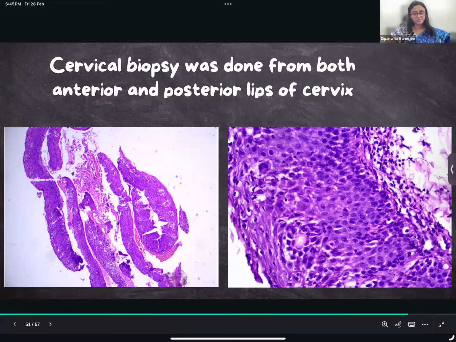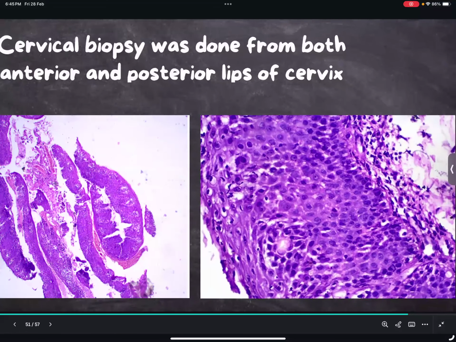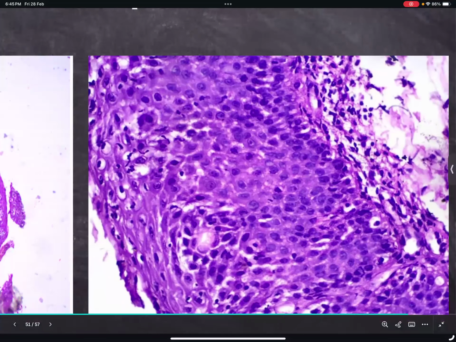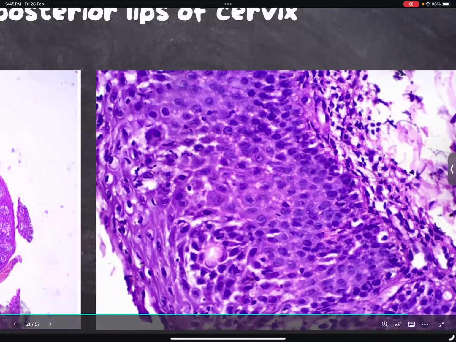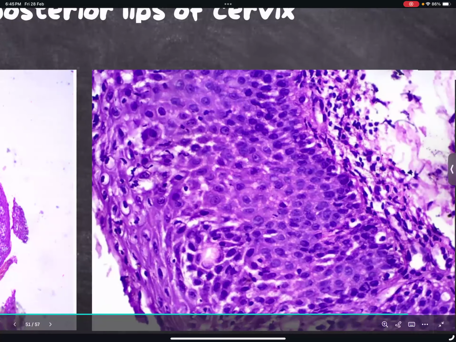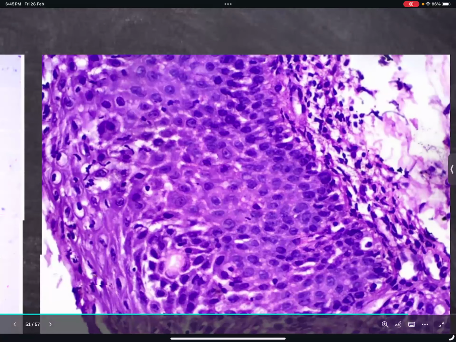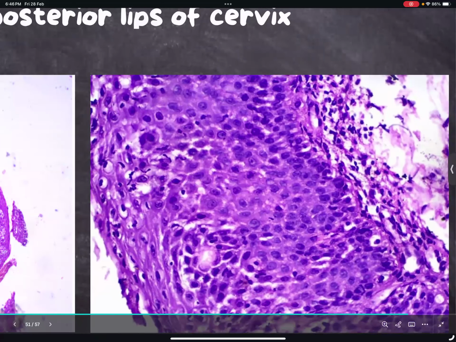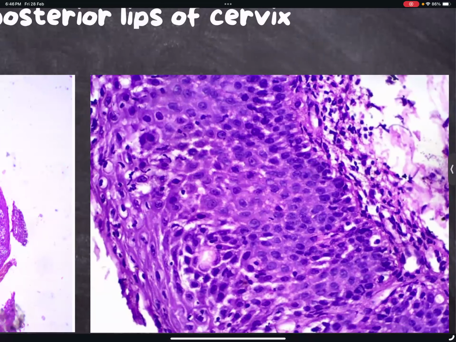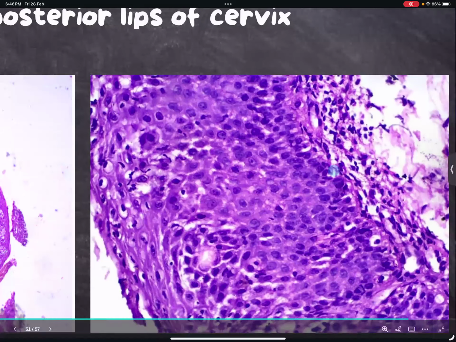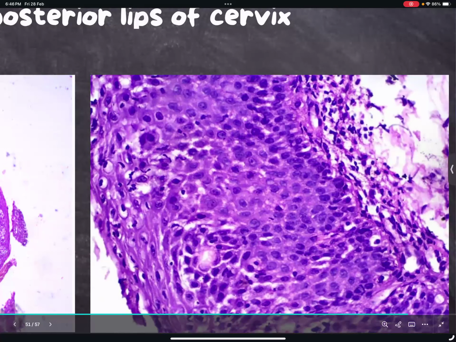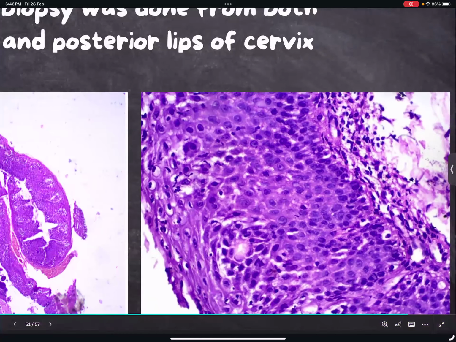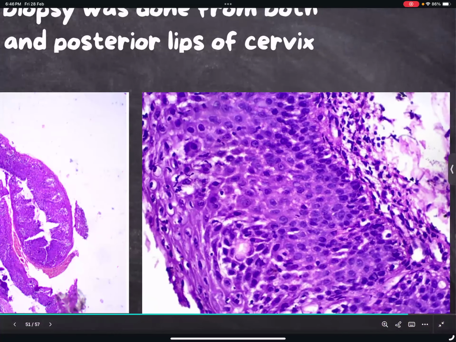Yes, the biopsy was done, and we have Dr. Madhu to describe the biopsy findings. In the section, this is the basal layer, and we call this CIN2 or 3 when the lower one third plus the two thirds area is involved by the atypical cells, but the entire thickness is not involved.